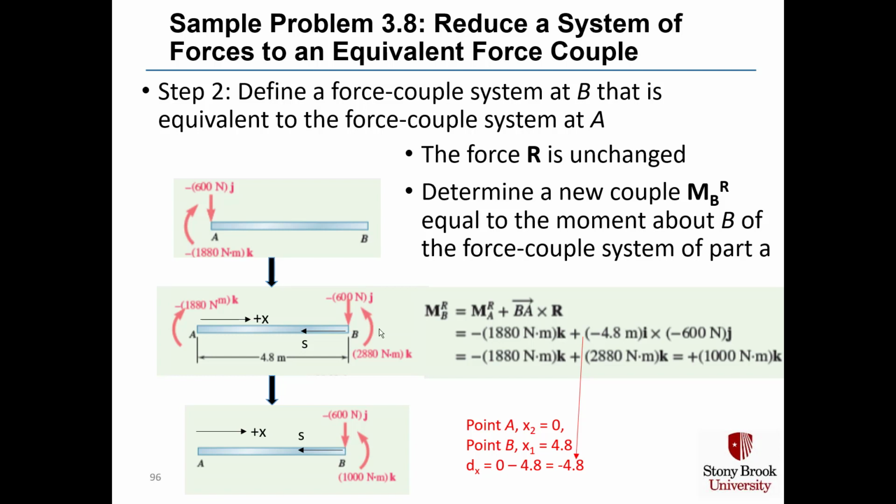So minus 4.8 in I crossed with a minus 600 newtons in j becomes a positive 2,880 Newton meter moment that gets added to the original minus 1,880 Newton meter moment. And that gets 1,000 Newton meter moment acting in the counterclockwise direction at point B.